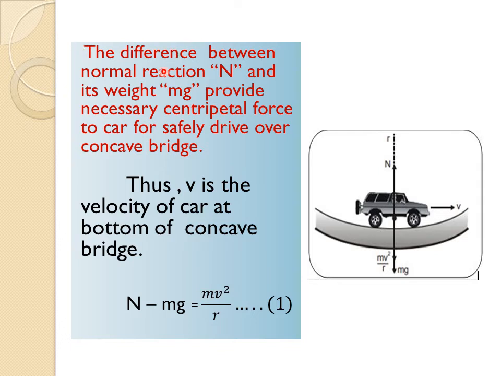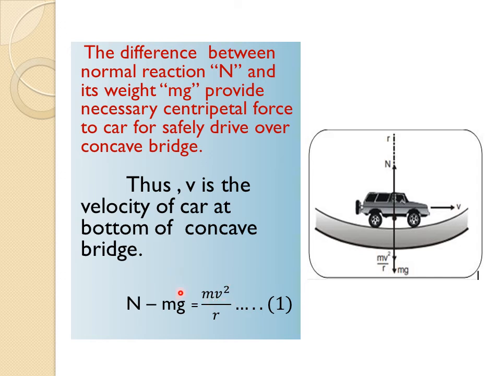The difference between normal reaction N and its weight mg provides the necessary centripetal force to a car for safely driving over a concave bridge. So N minus mg equals the centripetal force, and the formula of centripetal force is mv square upon r.